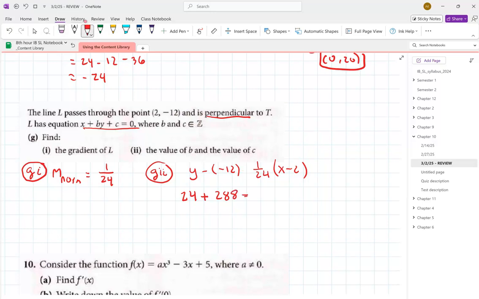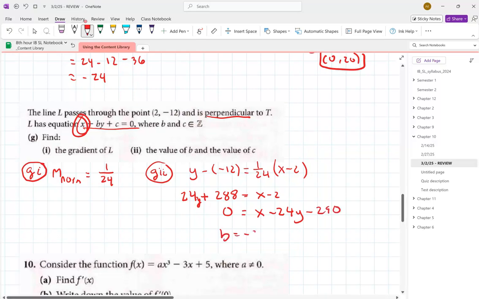And then I'll move everything onto one side, but I have to be careful. Notice the x is positive here. So I'm going to move everything onto that side to make sure the x is positive. So b is negative 24 and c is negative 290.